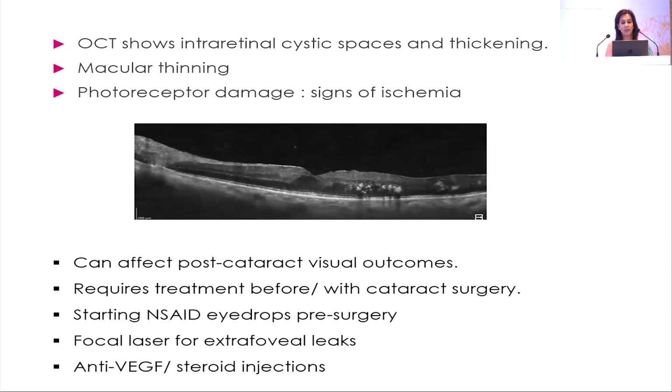This will affect the post-cataract visual outcomes. This will require treatment before or adjacent to the cataract surgery, either anti-VEGF injections or steroid injections in collaboration with the cataract surgery, and you also have to counsel the patient that post-op the patient will require more treatment.